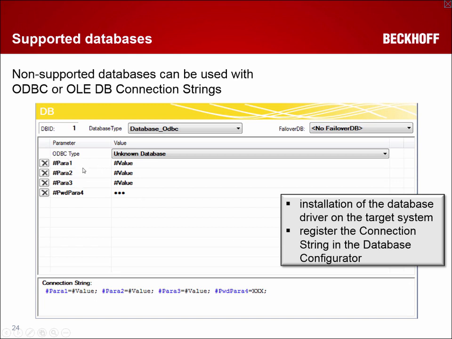You can add different parameters and provide the values for these parameters, and then you see the connection string here. We also have a special parameter for the password, where we have an encryption in the connection string, also in the configuration file, for example. Then you can realize the connectivity from the TwinCAT software with the database server to a database that we are not supporting as standard. So it is very easy to set this up if you know what you would like to do with another database. This is the preferred way.